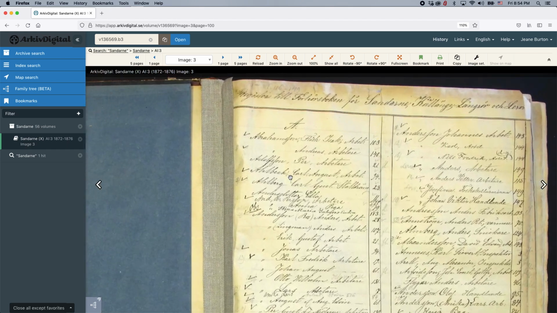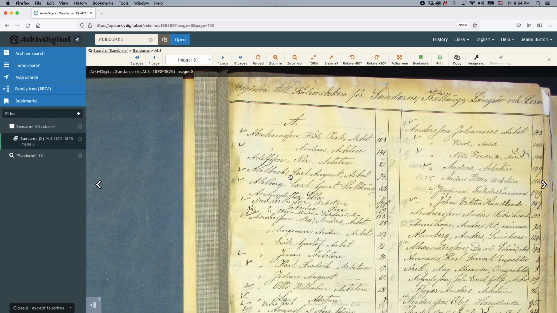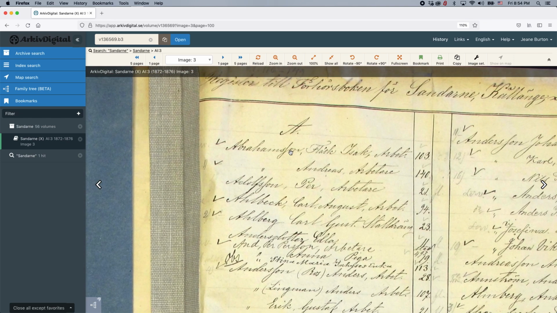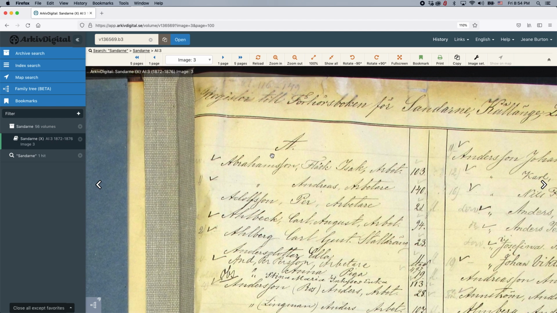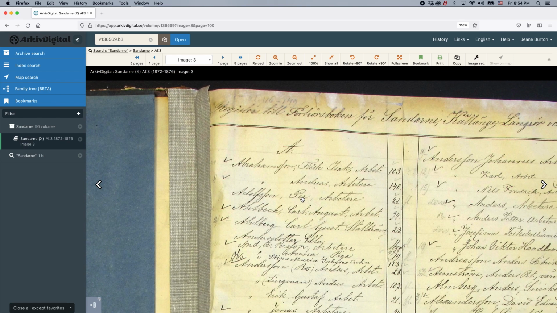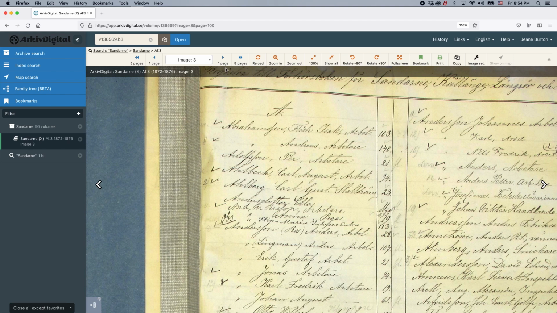There could be 3 different types of registers. One's for occupation, that'd be organized according to the work. One would be by location and one by a name. So this one, it does say up at the top it is in Sandarne. But look, it starts with A, and this is Abrahamson, so we know this is according to names. So we're going to look for P.